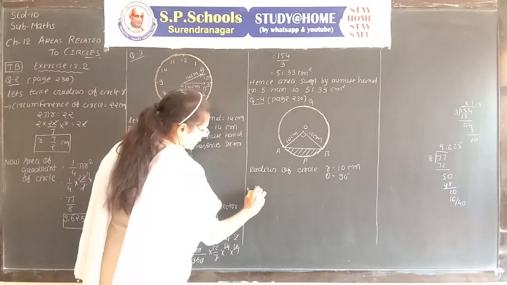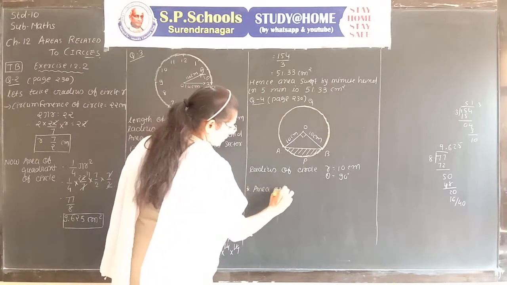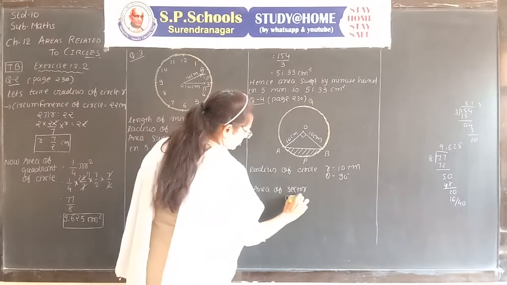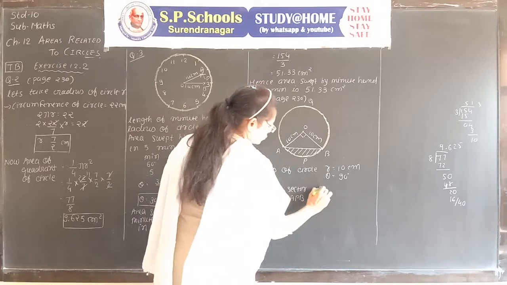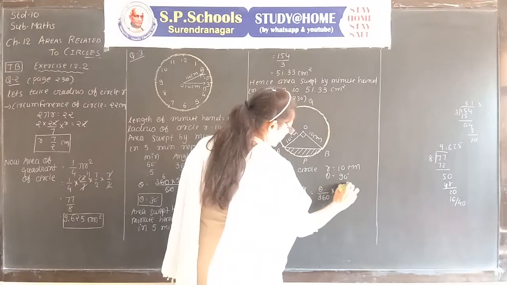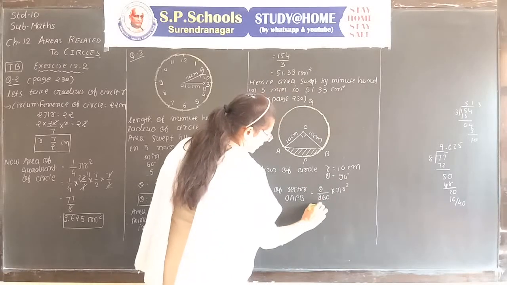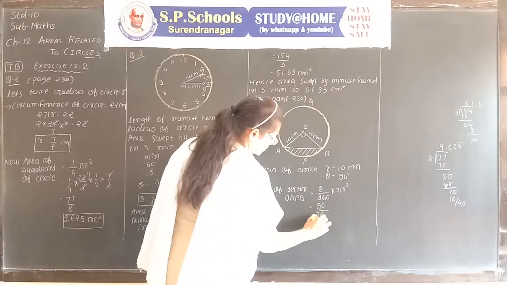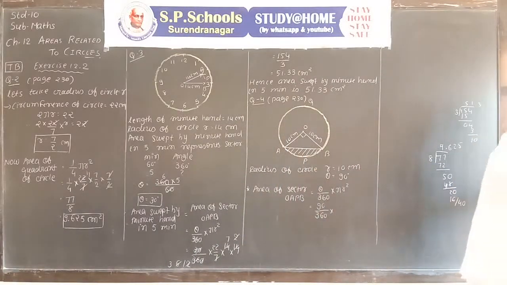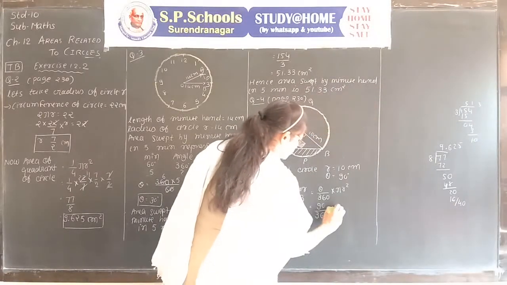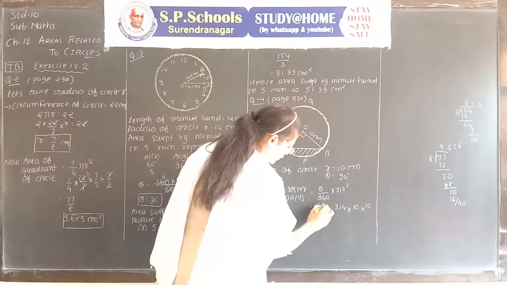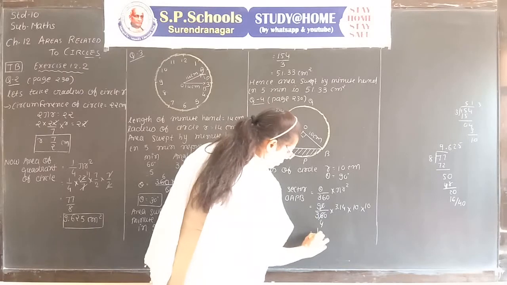First obtain the area of sector OAPB, which is equal to theta upon 360 into pi r square, where theta is 90 upon 360. The value of pi is given as 3.14, and r square is 10 into 10. 90 upon 360 is 1 upon 4.